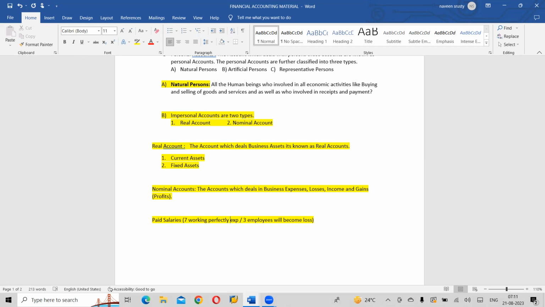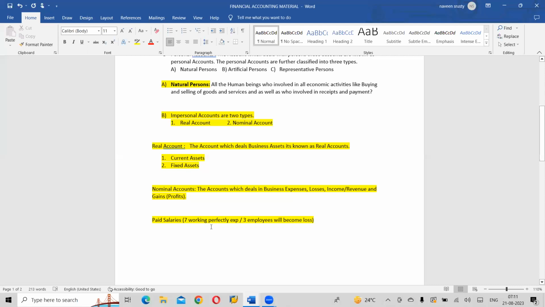Okay. So the same thing here, income and revenue. What is the difference? Sorry, revenue or incomes and profits. So first of all, make sure whether it's an expense or a loss.